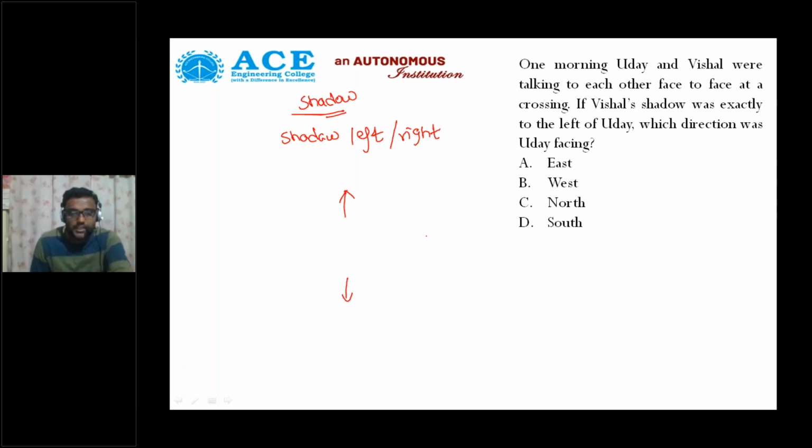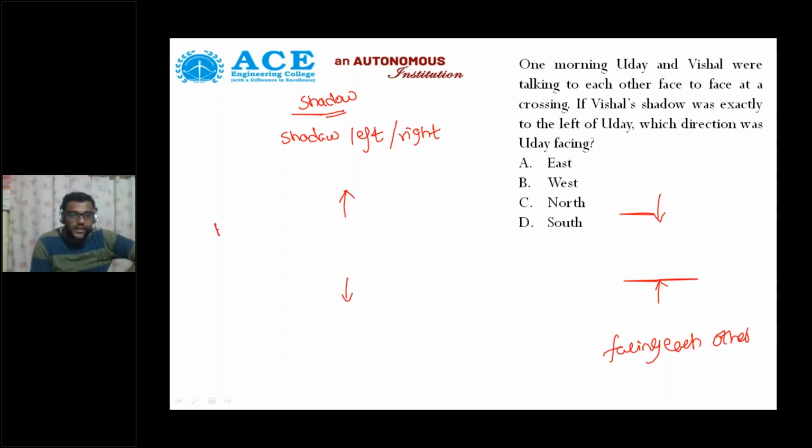There are two possibilities again. Generally they'll ask the question like two people, A and B, are facing each other, or backs towards each other. There are two discussions actually. Facing each other or backs towards each other. This is facing each other. Two persons facing each other or backs towards each other.